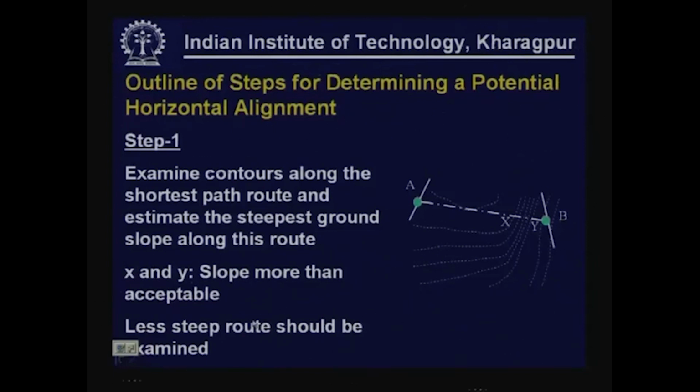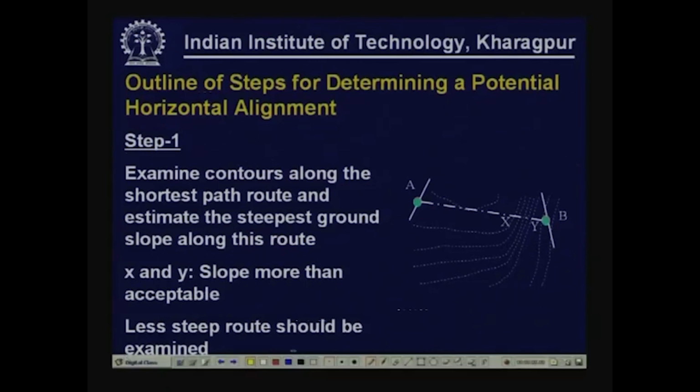You can observe that between x and y, between these 2 points, a number of contour lines are crossed within a very short distance. This is one contour line, this is another contour line. Okay. So, you have a number of contour lines which you are crossing within a very short distance.